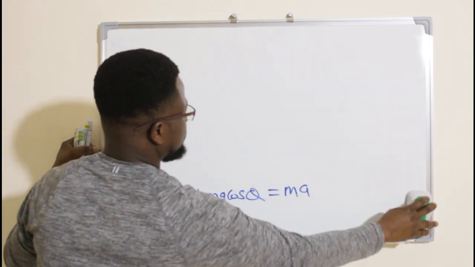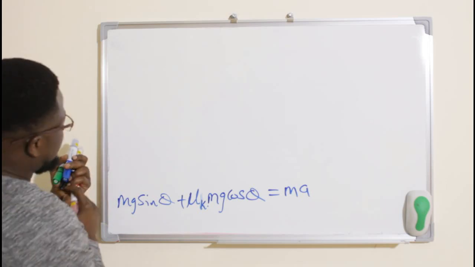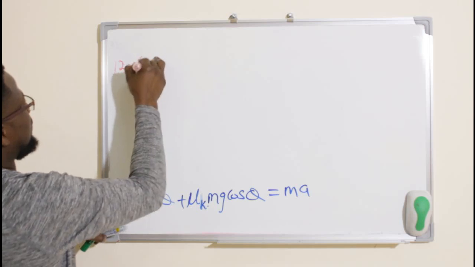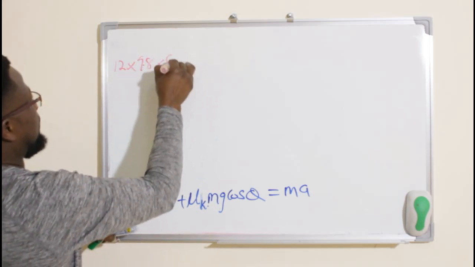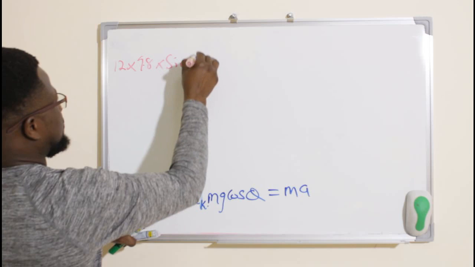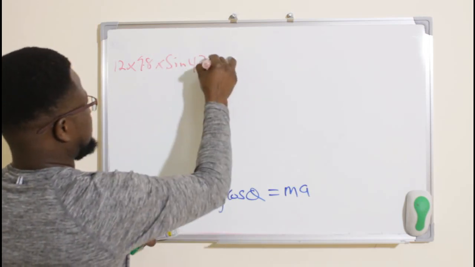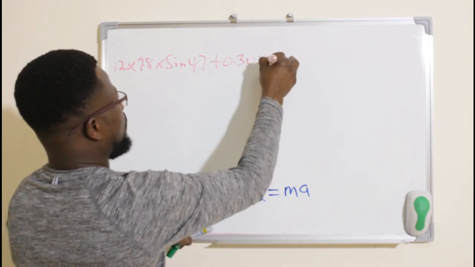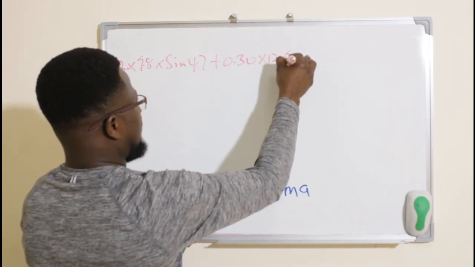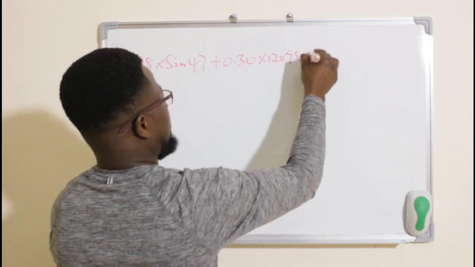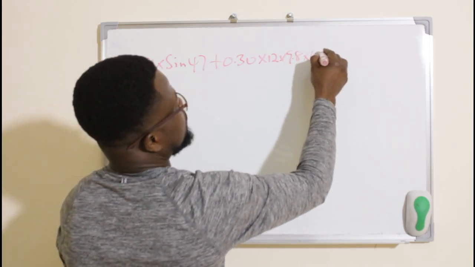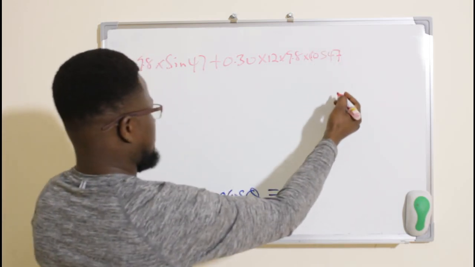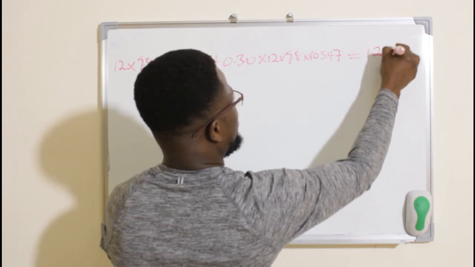All right, so let's begin again. 12 is the mass multiplied by 9.8 multiplied by sine 47 plus 0.30 multiplied by 12 multiplied by 9.8 multiplied by cos 47 degrees. And all these must be equal to 12a.